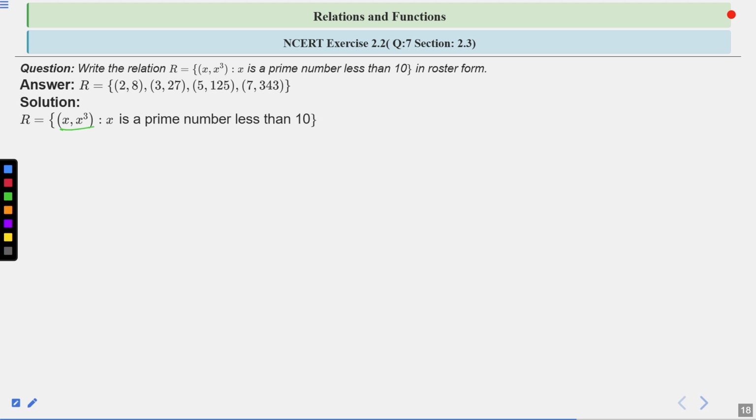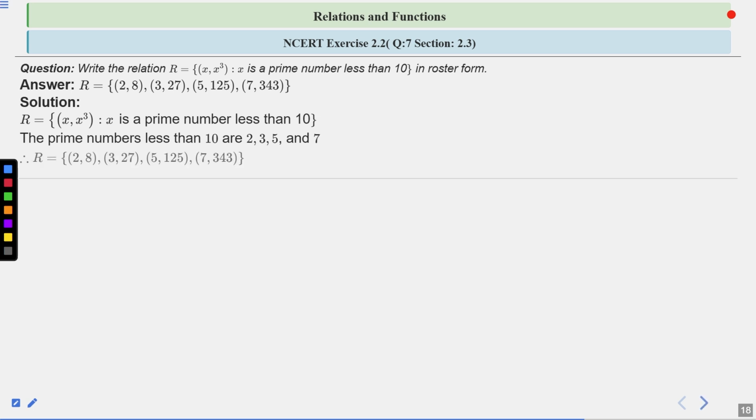As described, collect all the pairs (x, x cube) such that x is a prime number less than 10. So the prime numbers less than 10 are 2, 3, 5 and 7. These are the only 4 prime numbers which are less than 10. Now, if x is 2, then the second element will be 2 cube, which is 8.